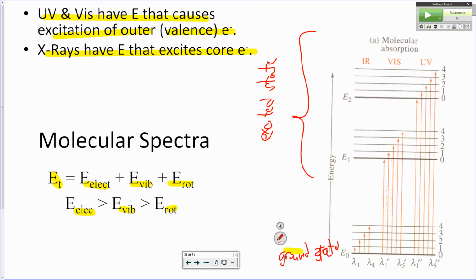Anytime we're going up means that we're absorbing or capturing energy. Going down, in the direction of the arrows, it's losing energy.